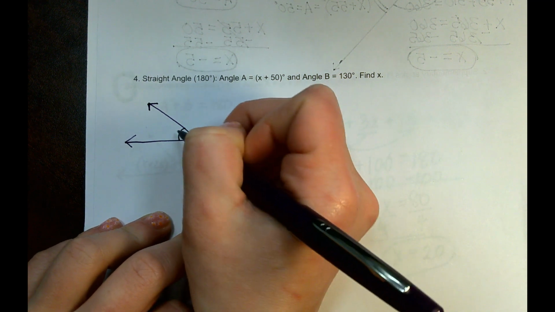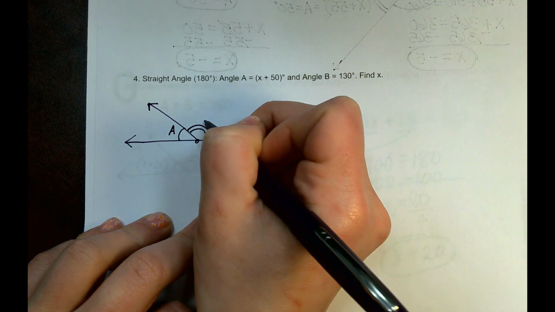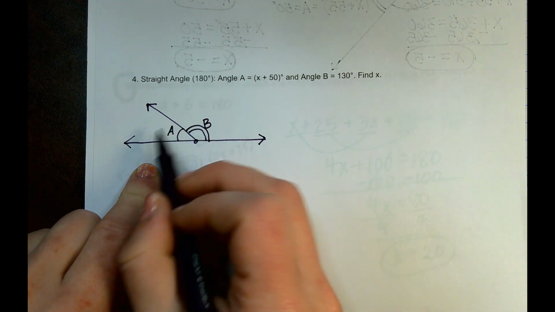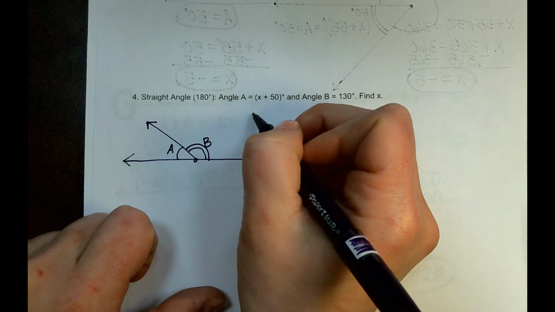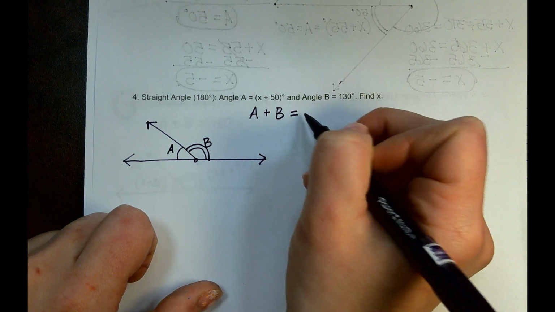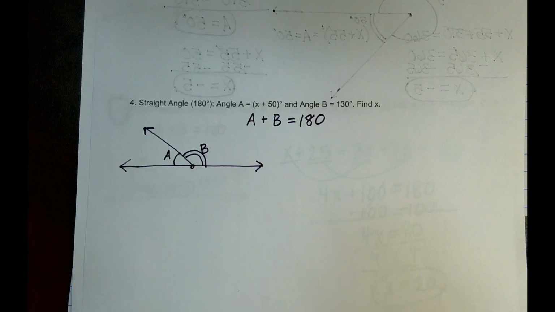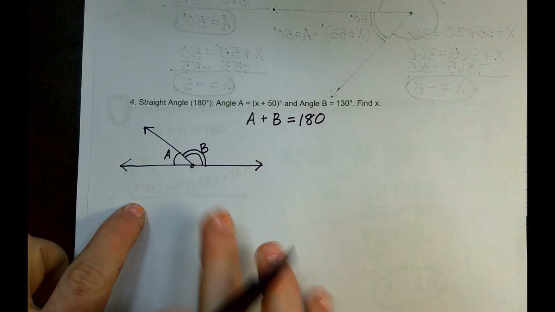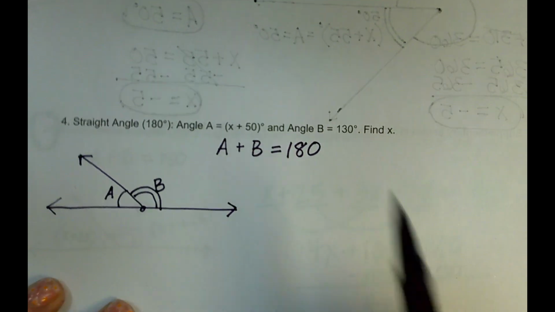I will call this angle A and I will call this angle B. Since these together add up to 180 degrees, I can write A plus B equals 180, right? You guys okay with that so far? I know that when I add angle A and angle B, I get 180 degrees, but we want to solve for x.